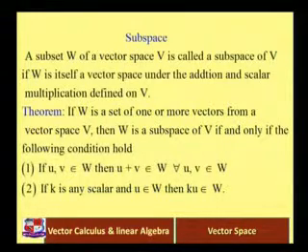First one is if u, v belong to W, then u plus v belongs to W for all u, v belonging to W. And the second condition, if k is any scalar and u belongs to W, then k into u belongs to W. Okay, so if we can prove these two conditions for the given subset of a vector space V, then we can say that the given subset is not only a subset but a subspace of the vector space V, right?